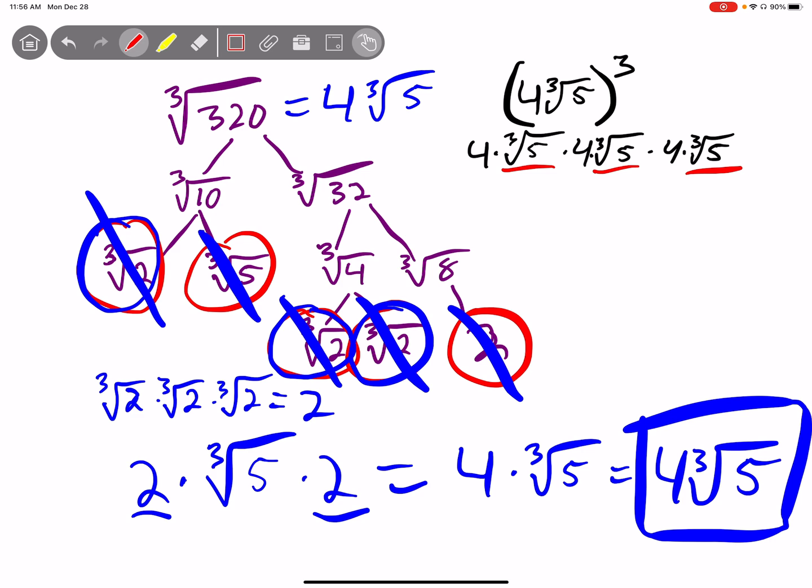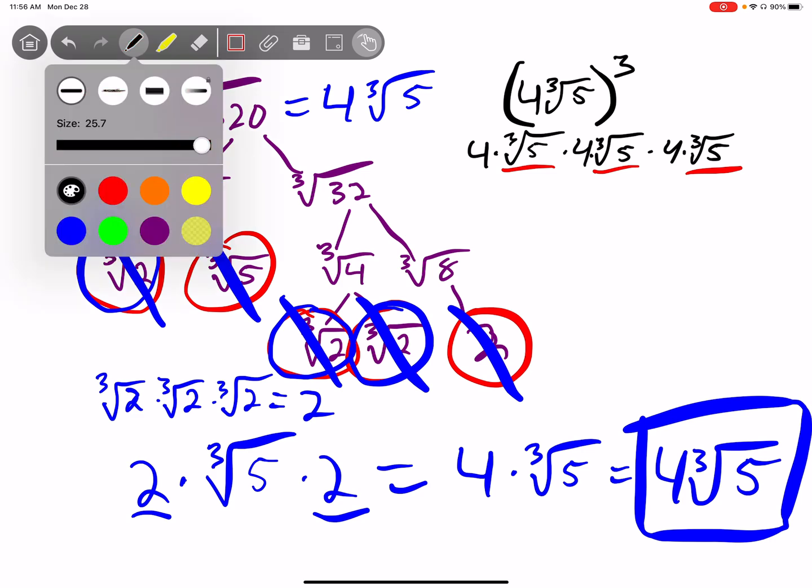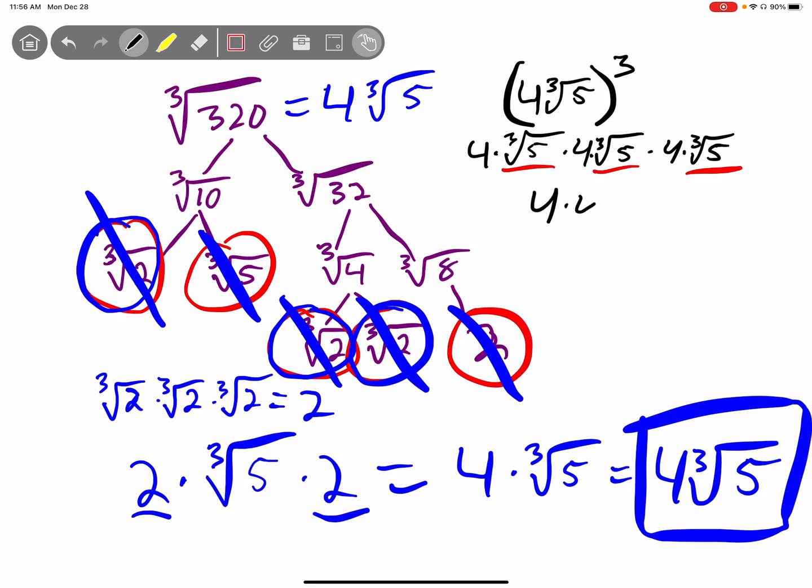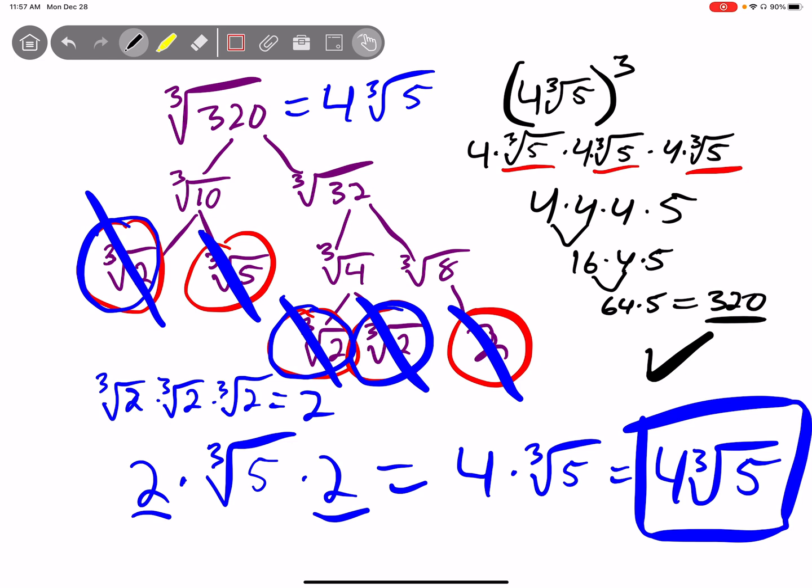Since I have a triplet of the same cube root, that just gives me 4 times 4 times 4 times 5, because cube root 5 times cube root 5 times cube root 5 gives me 5. Now I can multiply. 4 times 4 is 16 times 4 times 5. 16 times 4 is 64 times 5, and 64 times 5 gives me 320. Okay, so this checks. This is the right answer.